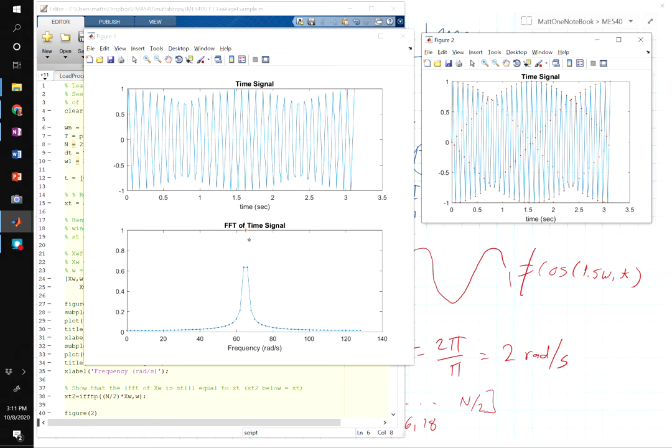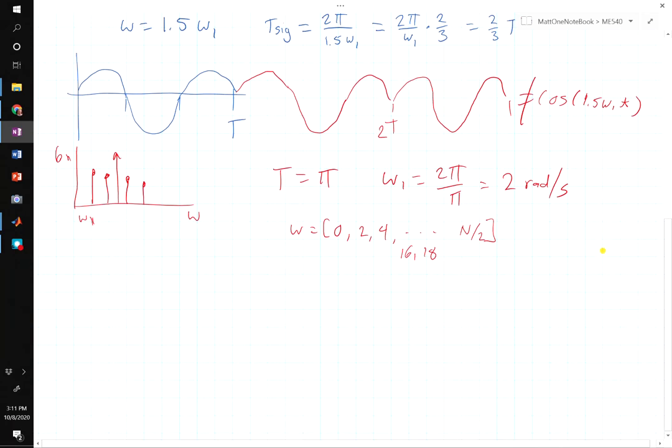Okay, so that's leakage. The other thing that we want to talk about is aliasing. Aliasing occurs when the frequency in the signal is greater than the maximum frequency, or when omega is greater than N over 2 times omega 1.